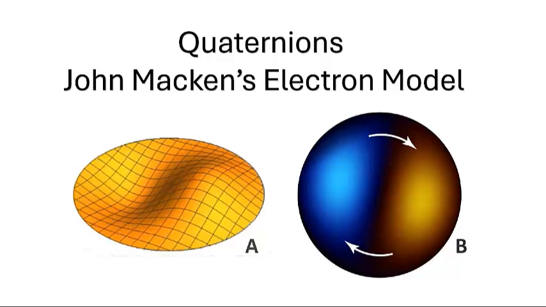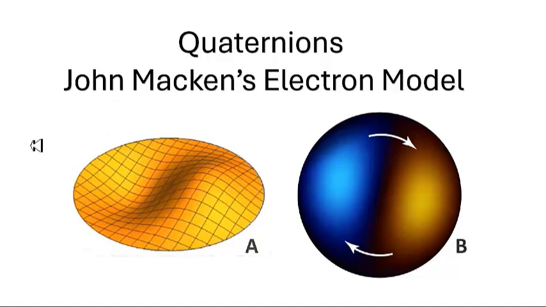So in this video, I want to show you how I apply quaternions to John Mackin's electron model. Now, you may remember many videos back, I started to review a paper of John Mackin's research into his ether model, and in particular his electron model.